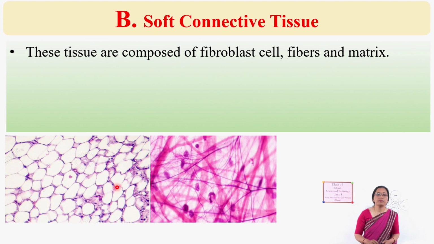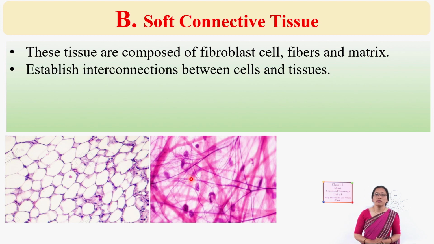These tissues are composed of fibroblast cells. Just like in the muscular tissue we said muscle fibers, here the cells of these tissues are called fibroblast cells. There is some matrix and there are some fibers also present.